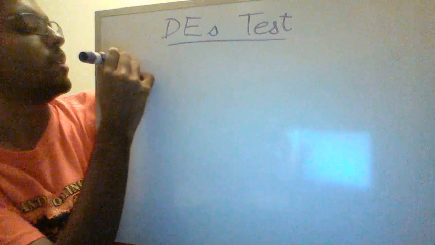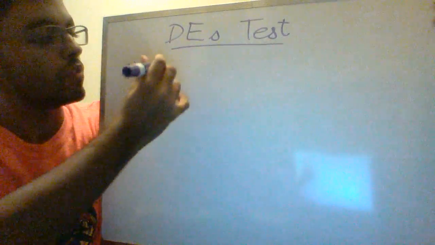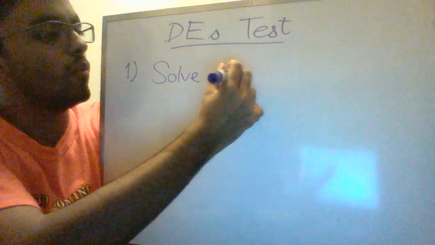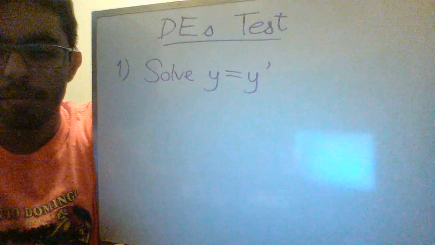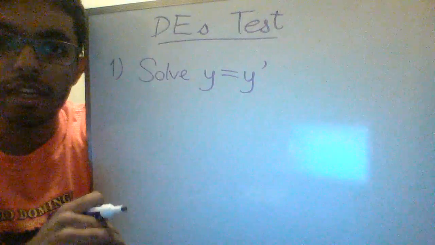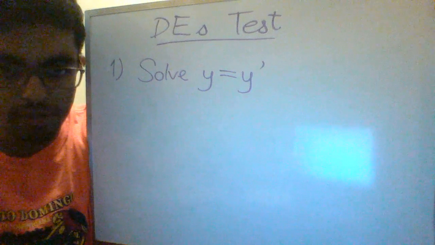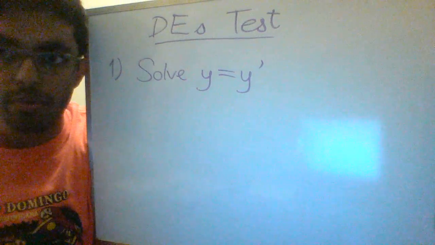All right, so the first question is, I want you to solve a very basic one, y equals y prime. But I want you to give me the entire solution. I want you to give me the whole mu is equal to blah, blah, blah, and then y is equal to 1 over mu, all of that stuff.